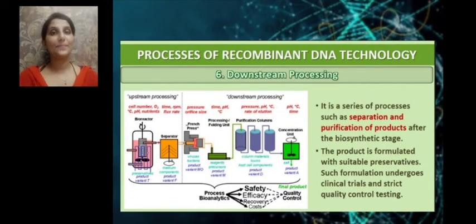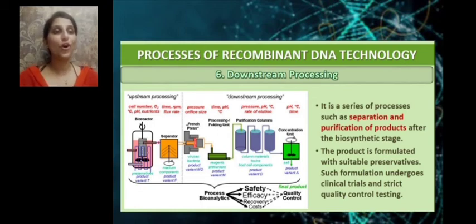And the last step involved in recombinant DNA technology is the downstream process. It is a series of processes such as separation and purification of the gene product. After the biosynthetic stage, after it has been cultured in large vessels like bioreactors, it has to be separated and purified. And this process is called downstream processing.